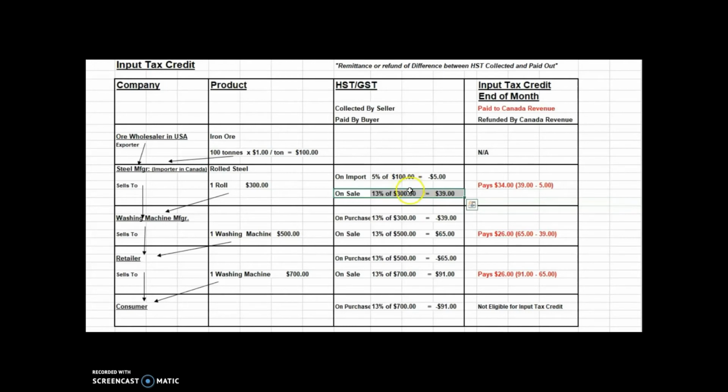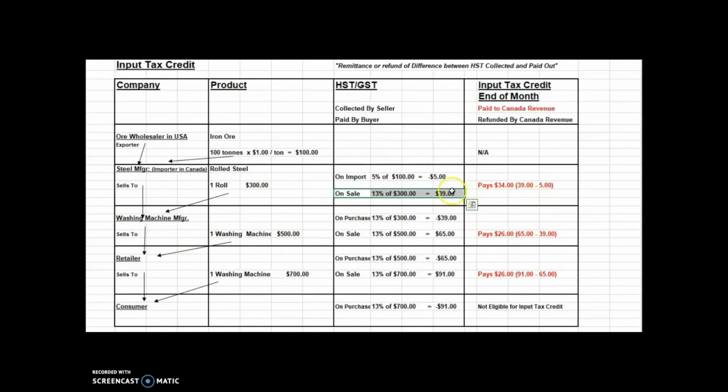Okay? Now, at the end of the month, the steel manufacturer does their input tax credit. The iron ore manufacturer is in the United States. They don't do anything. The steel manufacturer paid out $5 GST on the importation, and they collected $39 HST on the sale of the steel to the washing machine manufacturer.